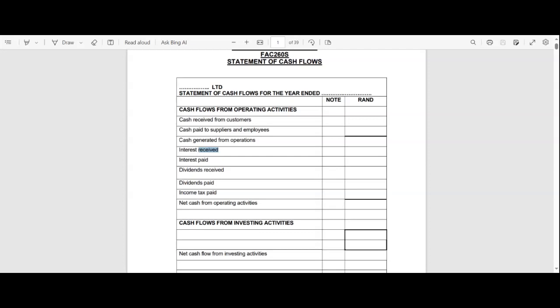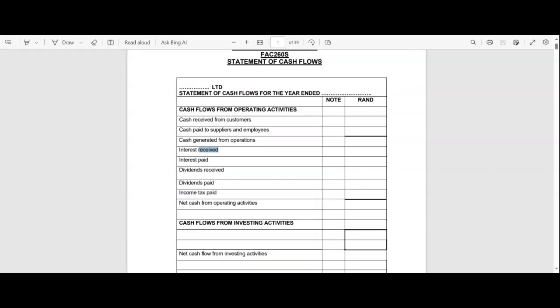Right. Interest income. So once we have interest income in our statement of comprehensive income, the chances are almost 100%, not necessarily 100%, but we'll get to that later on. The odds are very high that we also would have received interest during the course of the year. But remember, the difference between the two is that interest income has been derived by using the accrual system.